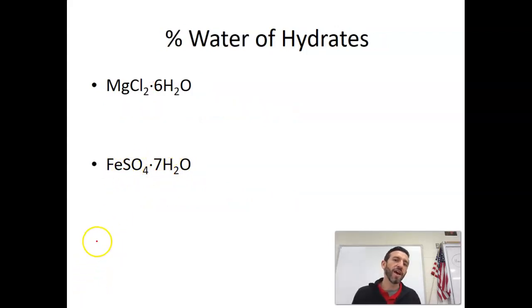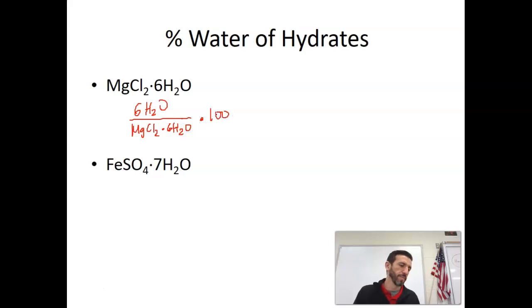And then the last one, how do we find a percent water of a hydrate, which is the same thing as percent composition? So for this one, I have 6 water molecules over the whole thing. Okay? Over the whole thing times 100. All right?